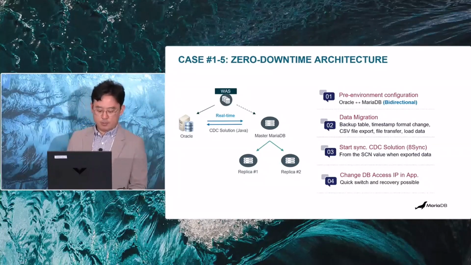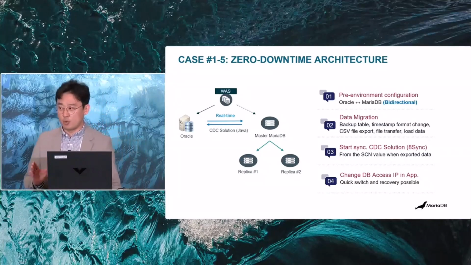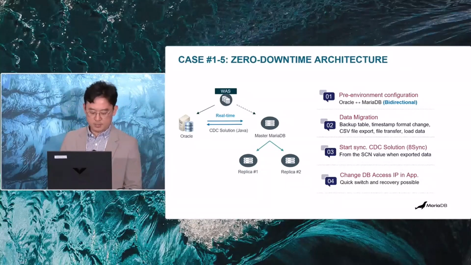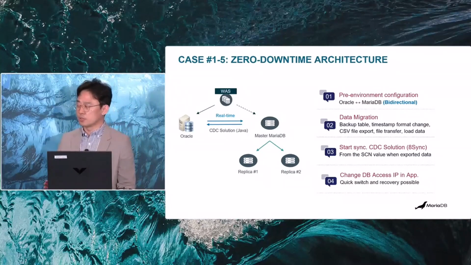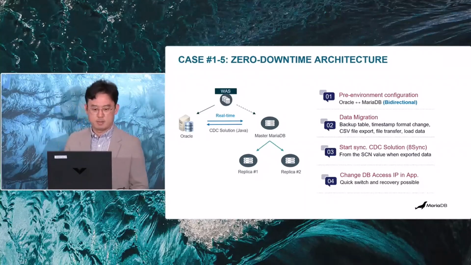If there is a problem with the function and performance, it is possible to quickly address it by switching back to Oracle. This is the overall zero-downtime architecture I designed.